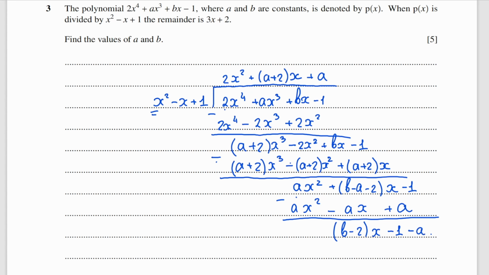Now the question says that the remainder should be 3x plus 2. Basically that means that b minus 2 must be equal to 3. So that means b is 5. Now the term independent of x should be equal to 2, and that means that minus 1 minus a must be equal to 2. So that means a equals negative 3.